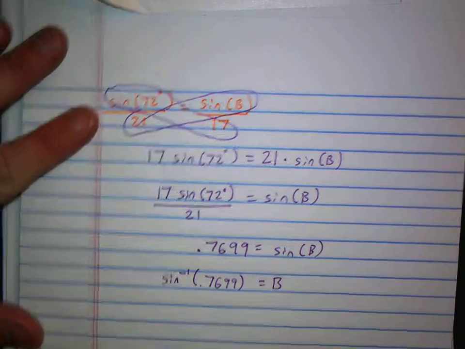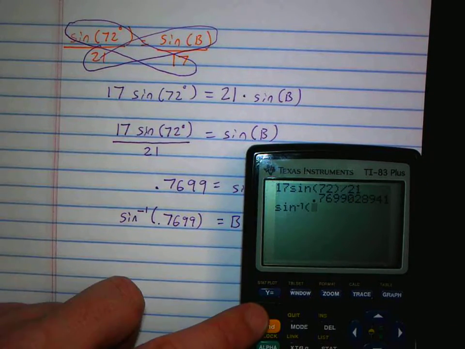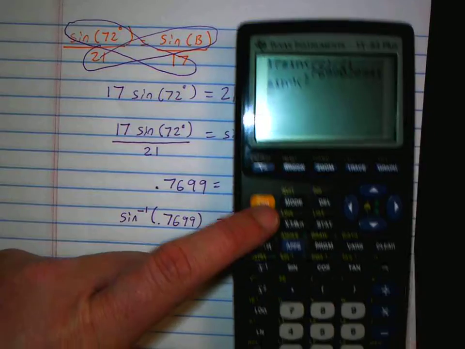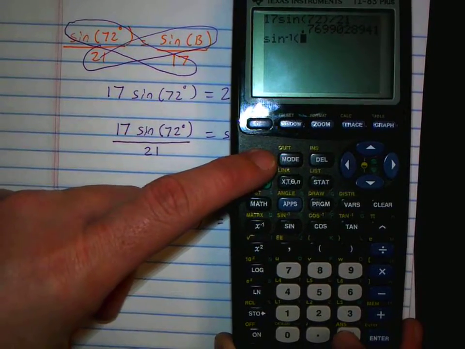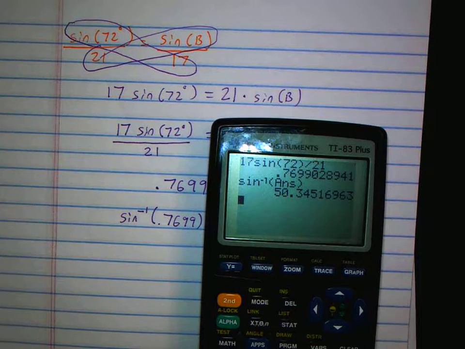So then what I would do is we have a sine inverse, and then instead of typing in 0.7699, you could hit second answer, the previous answer. That would be the most accurate. And so I get 50.35 degrees.